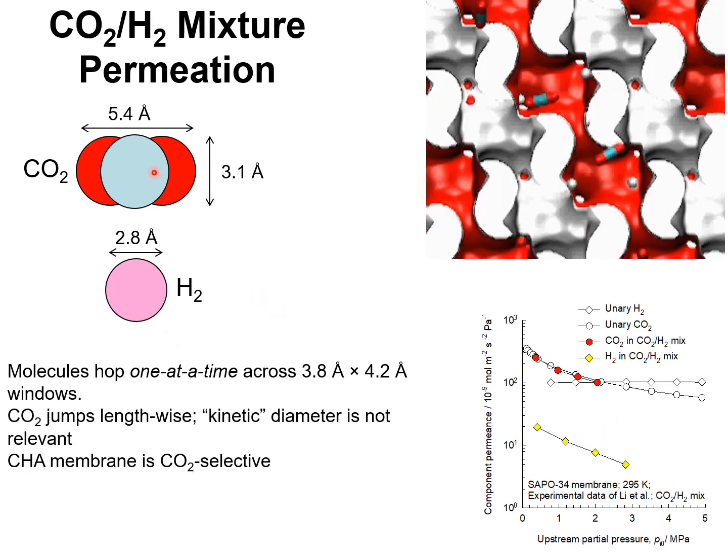The permeation of mixtures of carbon dioxide and hydrogen across a Chabazite membrane is different from the two examples considered in the previous two slides.